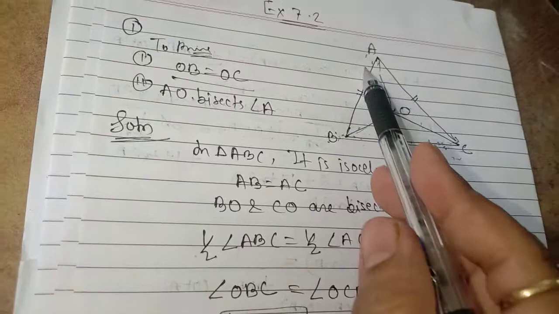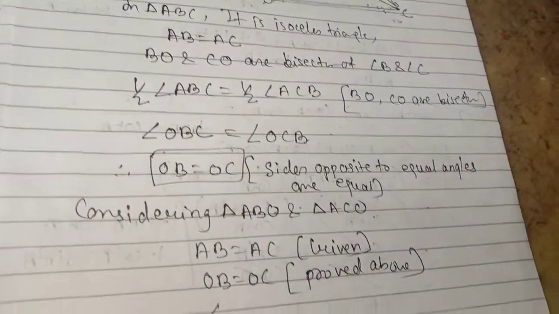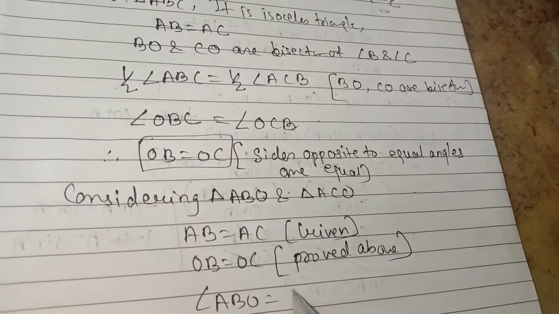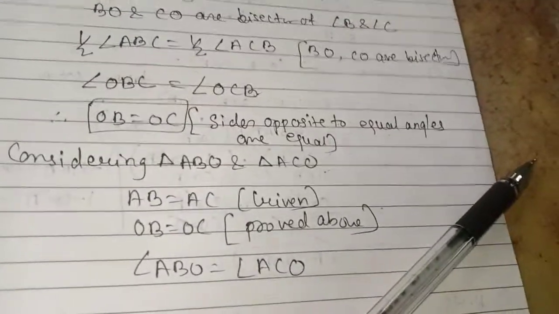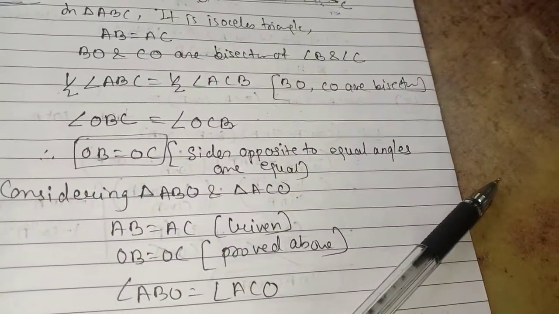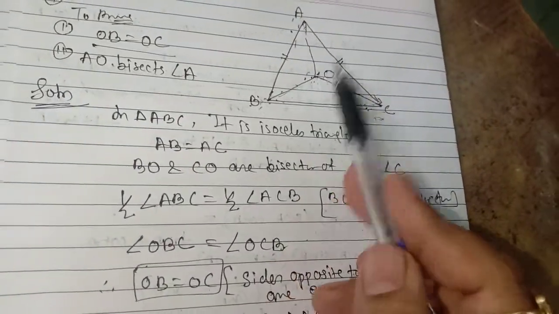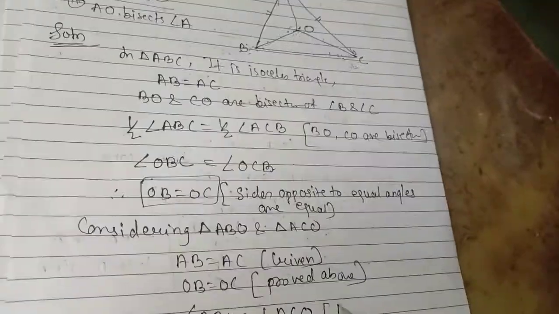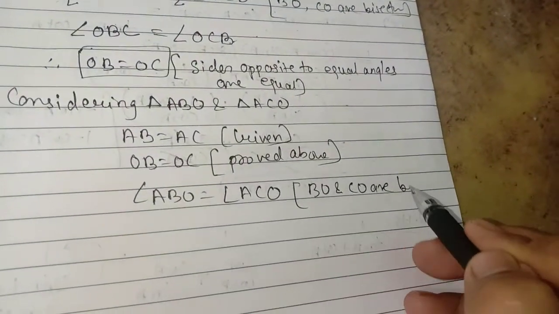And ABO and ACO. Angle ABO is equal to angle ACO. What is the reason for ABO and ACO? Can you tell here? What I am writing here: BO and CO are bisectors.